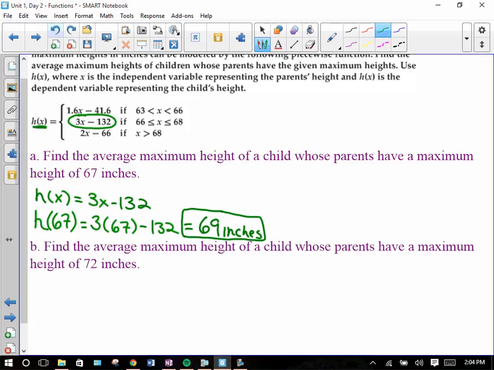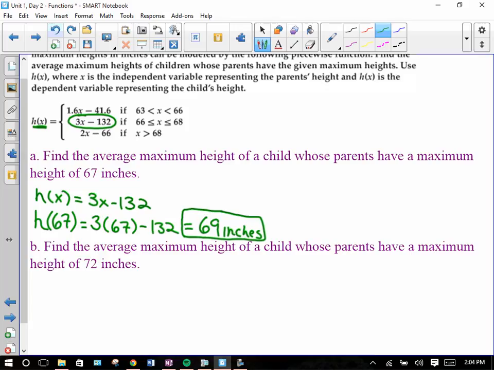Okay. So the average maximum height of a child whose parents have a maximum height of 67 inches is going to be 69 inches. That's that child's average maximum height. That makes sense.